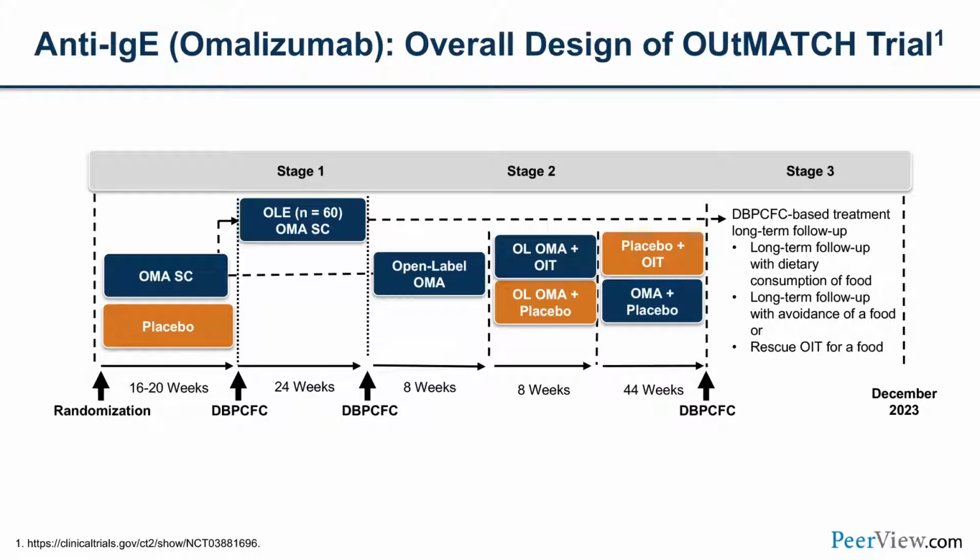These are both phase 3 studies, meaning that they have the possibility of leading to an FDA approval for Omalizumab or another anti-IgE product. The first of these studies is referred to as the Outmatch trial.